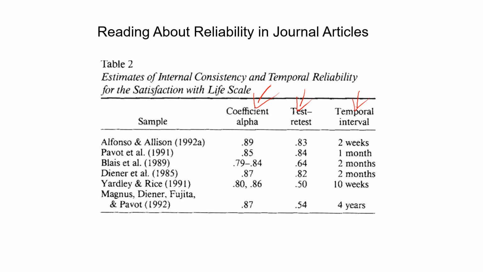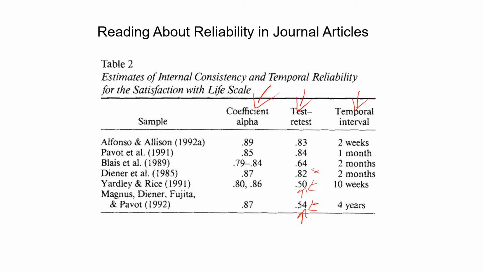You can see that this last one has 0.54 test retest over 4 years, and this one here has 0.5 test retest over 10 weeks. This one's probably not a great test retest for what they're looking at. But this one, 0.54 over 4 years, that's pretty good for the amount of time that's gone by. This one also here, 0.82 over 2 months, pretty good.